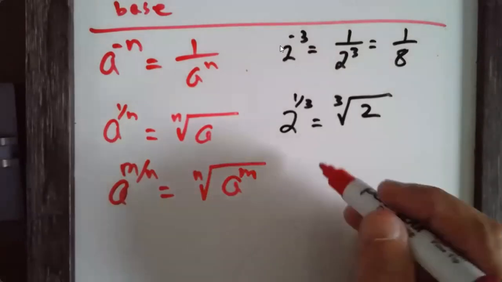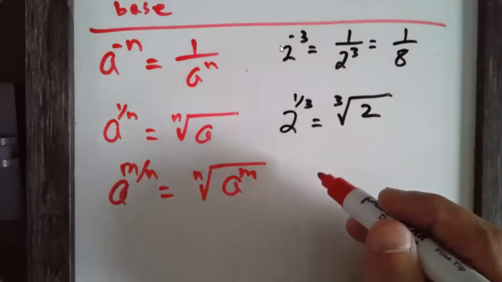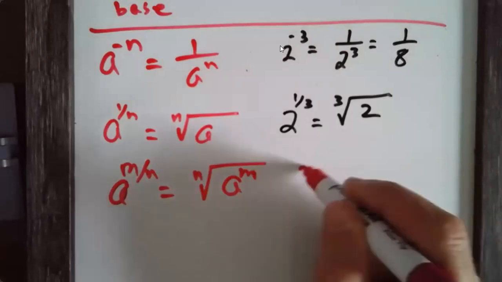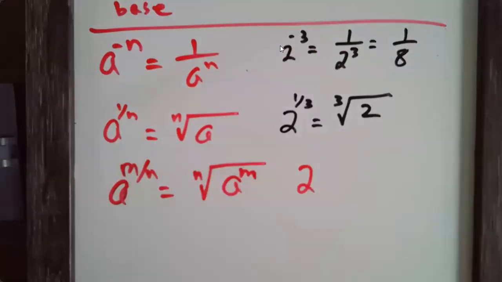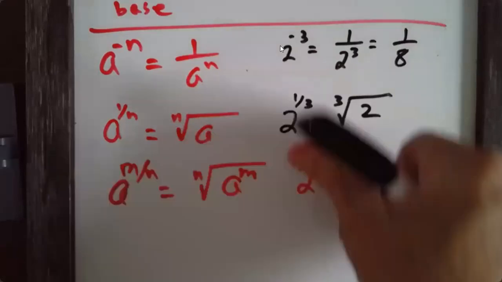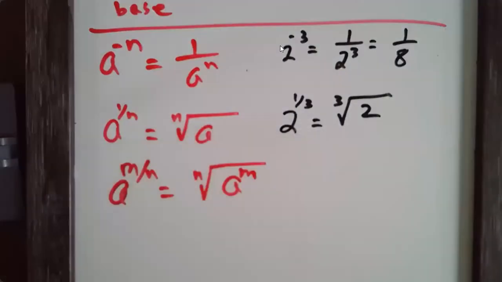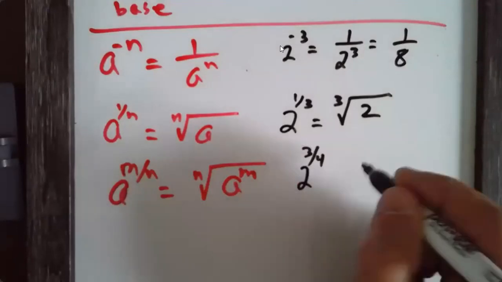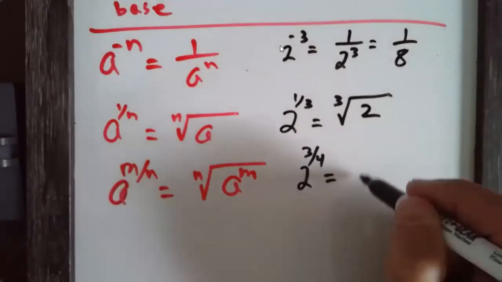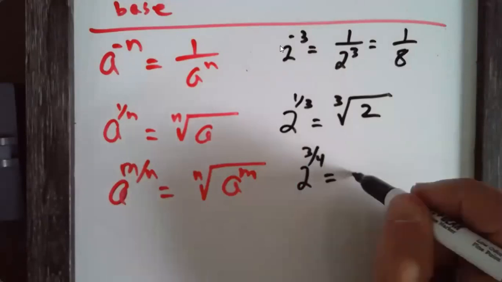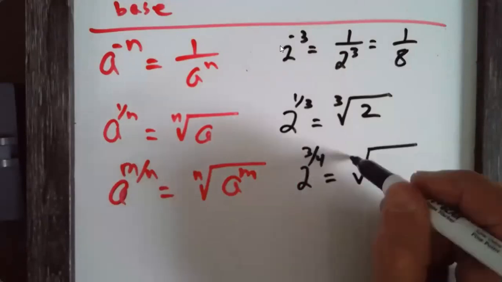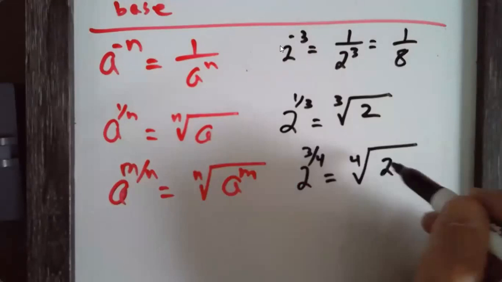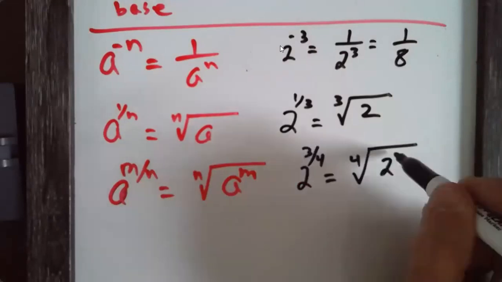So if we had 2 to the 3/4 power, then the denominator, that's your root. 2, that's still your base, to the 3rd power.